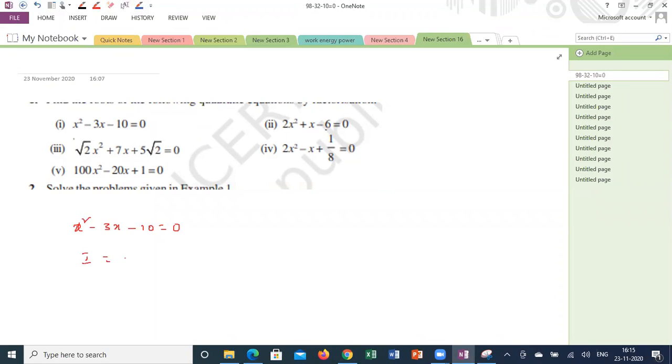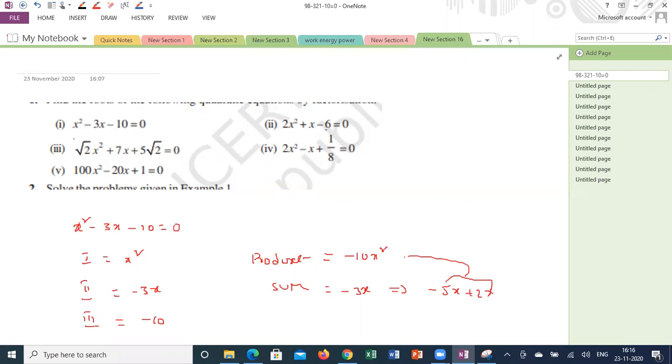The first term is x square. The second term, that is the middle term, is minus 3x. The third term, that is the extreme term, is minus 10. The product is minus 10x square. The sum should be minus 3x. So I can write minus 3x as minus 5x plus 2x, because the product is minus 10x square.